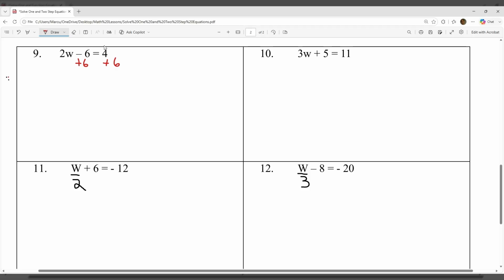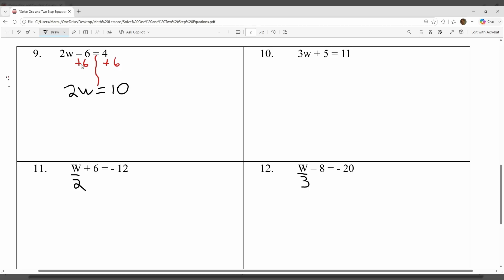Okay. One thing you can do too, if it makes it easier for you, is think of the equal sign as like a wall. So, like I have mentioned before, you're trying to isolate W, meaning the W has to be alone on this side. So now you get 2W is equal to 10. So like this.